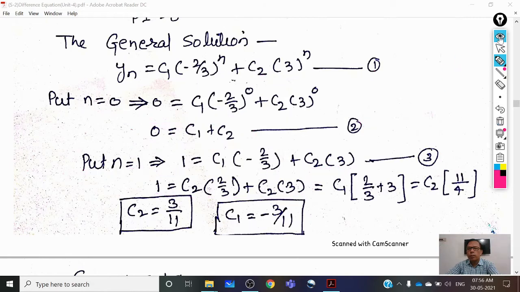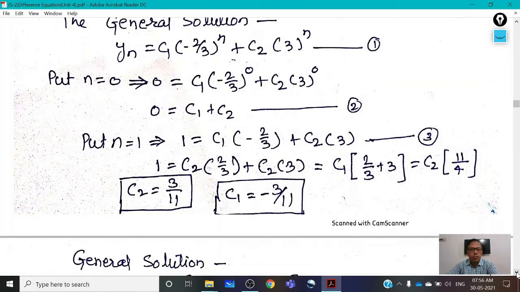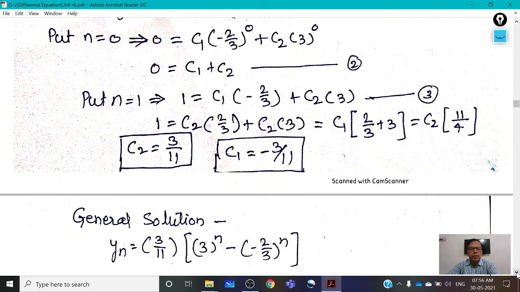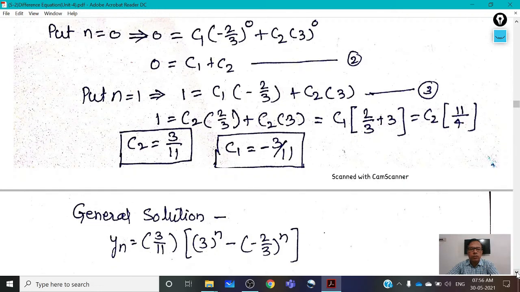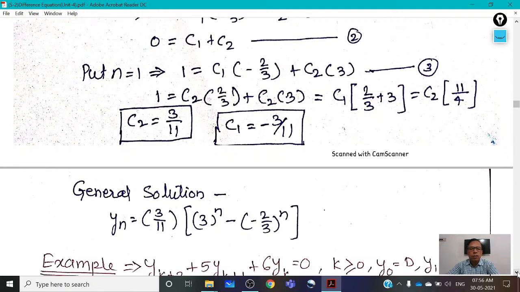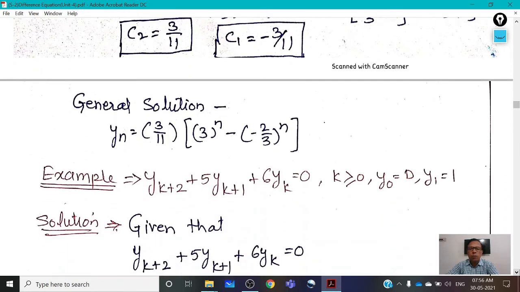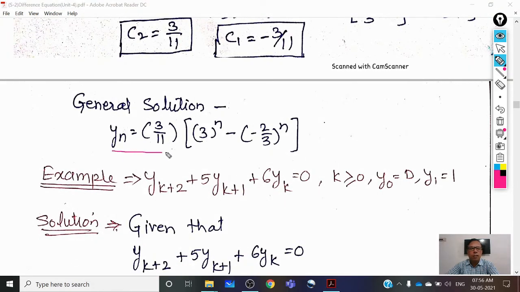So by using these values of the constants, the general solution is yn equal to 3 upon 11, taking common, and in the bracket 3 power n minus (minus 2 by 3) power n is the answer.